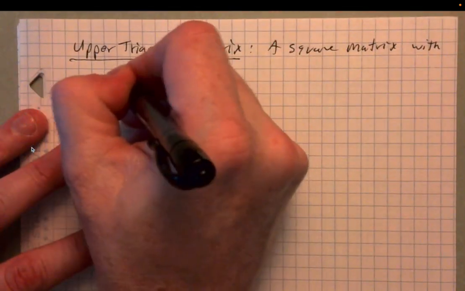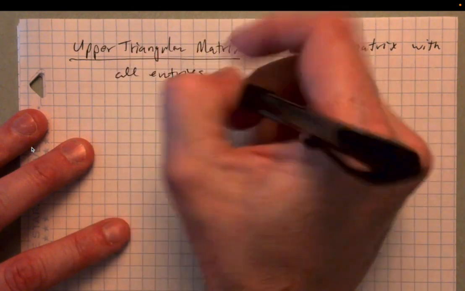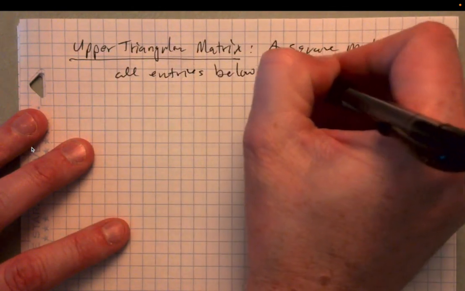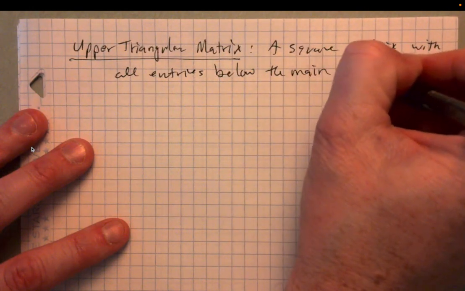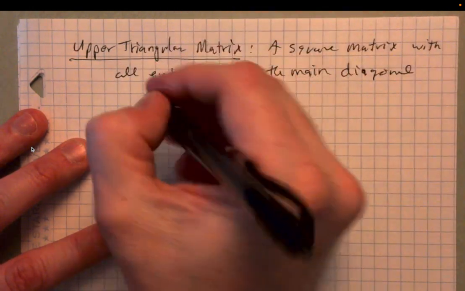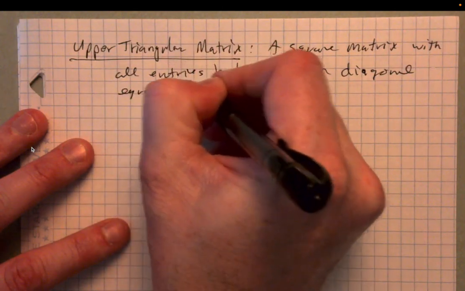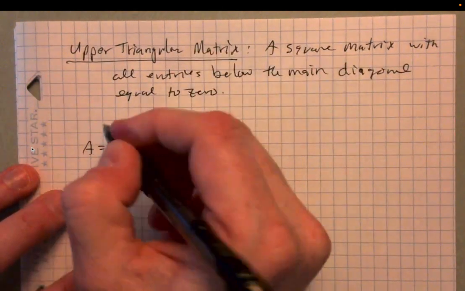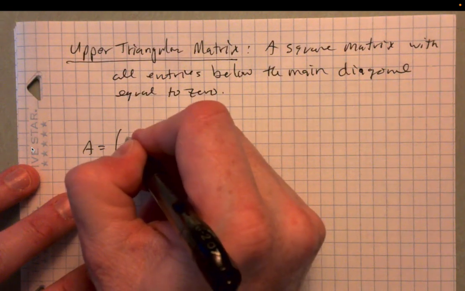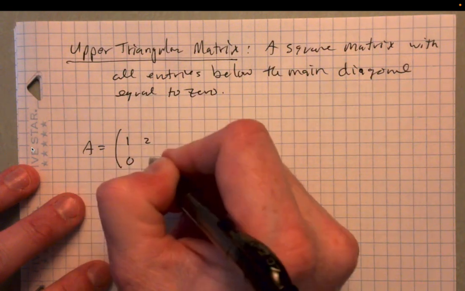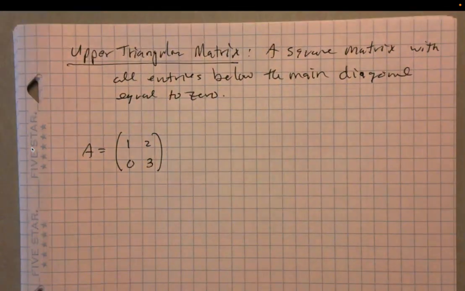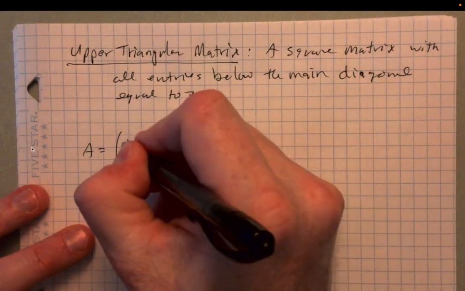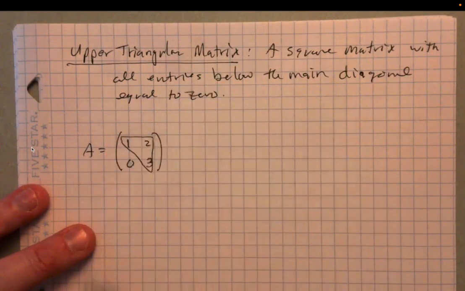An example would be 1, 2, 0, 3. Everything below the main diagonal is equal to 0, and everything else is whatever. Here's the upper triangle part of it.